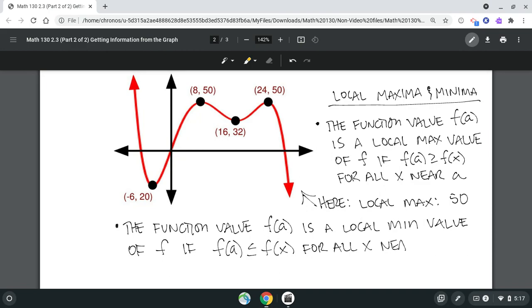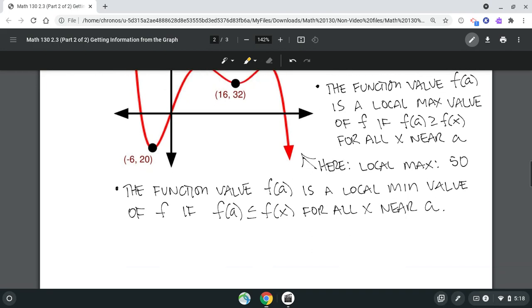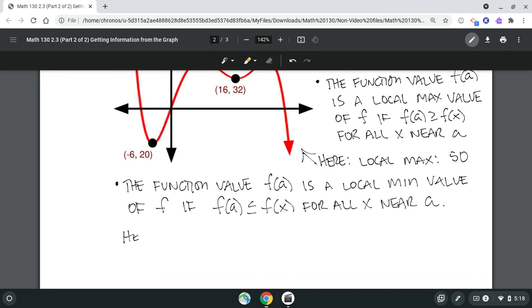So again, that little neighborhood. Okay, like this. If I drew a little neighborhood, all the x around it, this one has the smallest y value. Okay, so over here, we have a minimum 20 and 32.